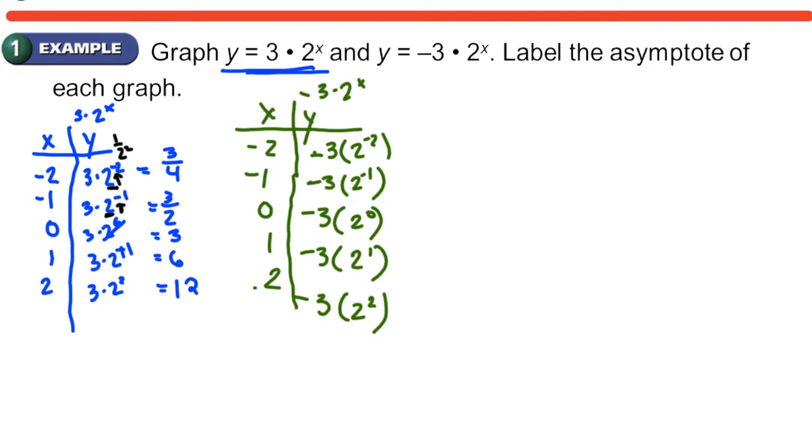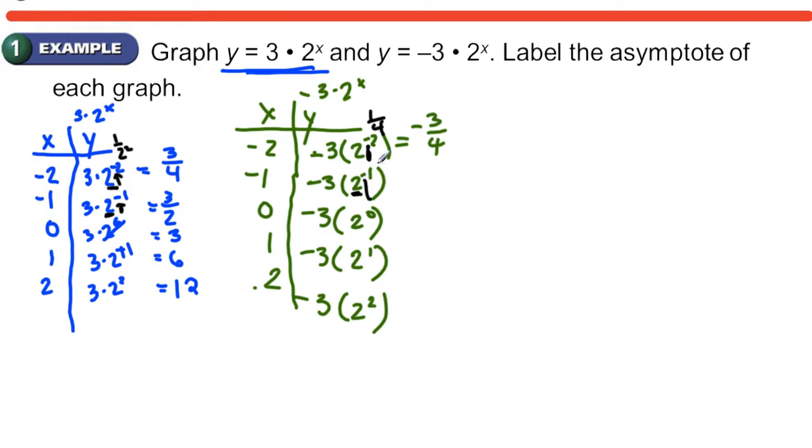Again, flip this. So that becomes 1 over 2 squared, which is 1 over 4. And now we have negative 3 times 1/4, so that's going to be negative 3 fourths. We have negative 1 here, so that means flip this base.